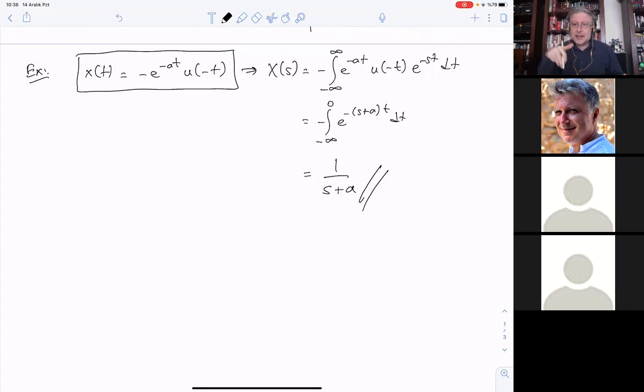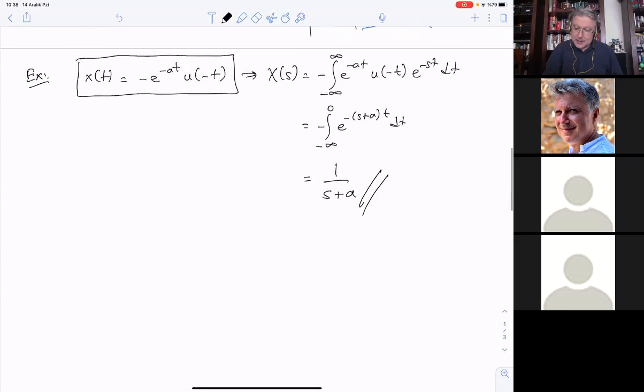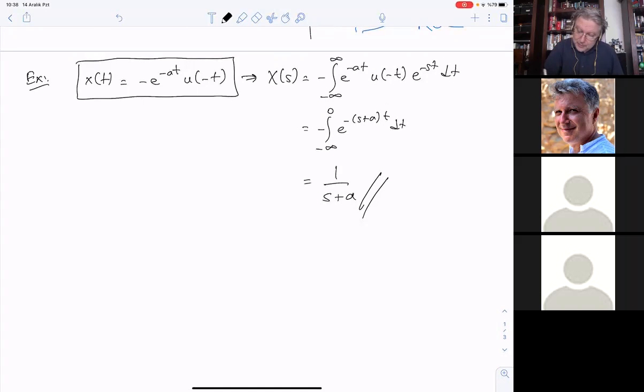The top one's region of convergence and this one's are different. Here, this integral converges for the real part of s less than minus a. In the previous case, the integral was converging for the real part of s greater than minus a.